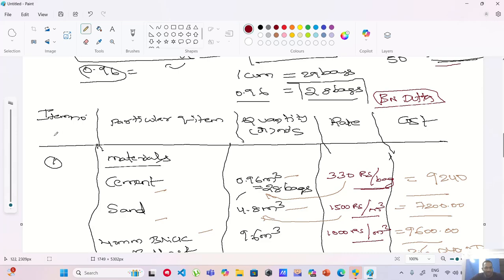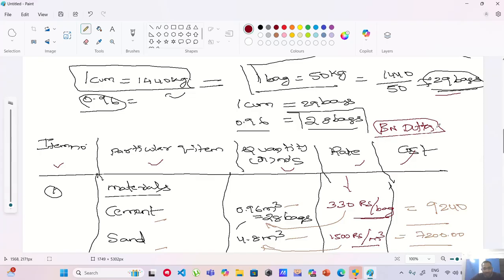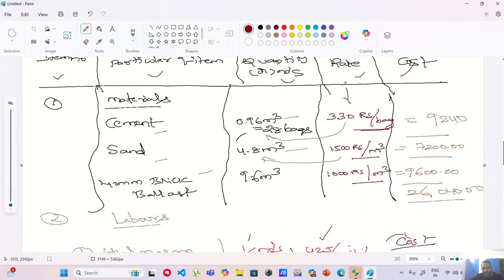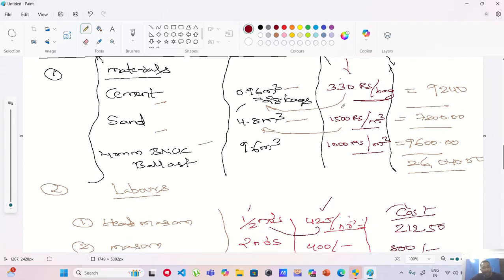Based upon that, this is the tabular column: item number, particulars of item, quantity, rate and cost. For the rate, I am taking it from the B.N. Datta textbook. I am directly taking these rates, but every year rates are available in the standard schedule of rates, which are revised and published every year.